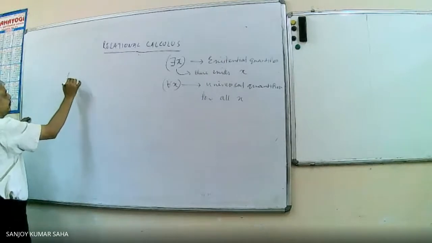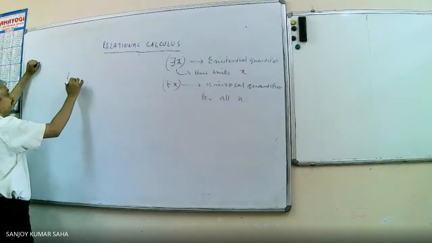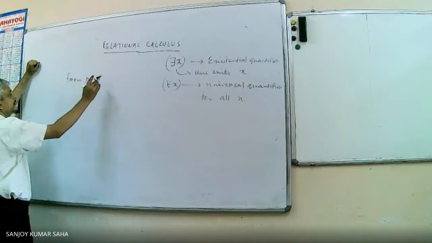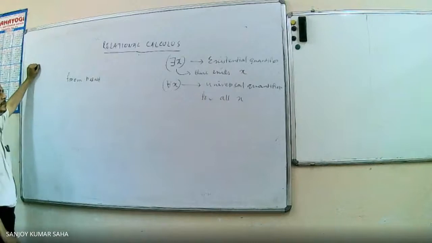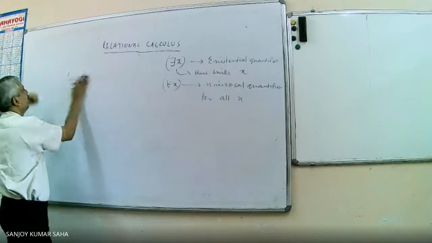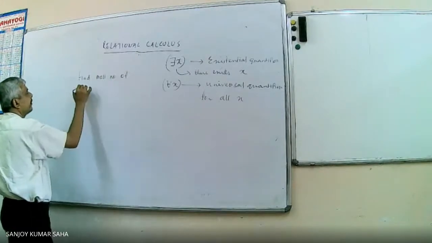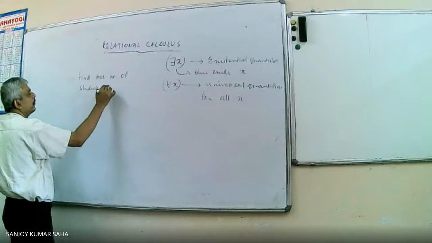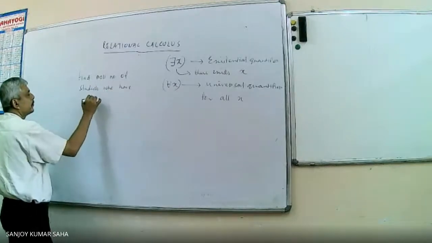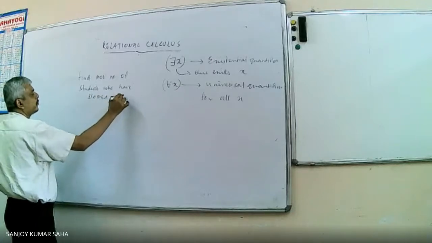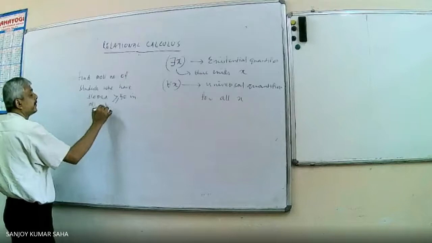Suppose I want to find out, from the result, the roll numbers of students who have scored greater than or equal to 50 in all subjects.